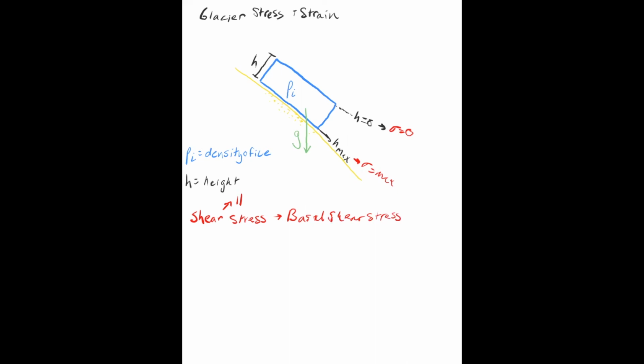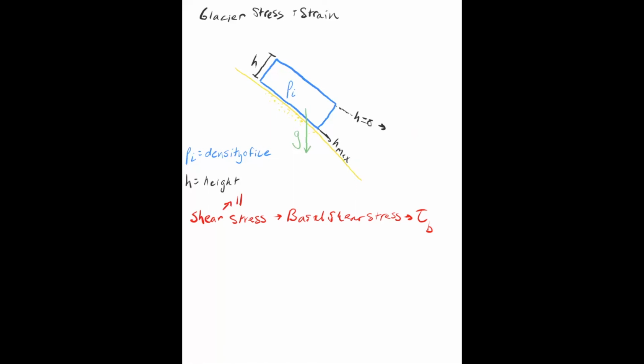And so the symbol that we use for our basal shear stress is this tau basal, which again should not be new to you. I'm sure you've heard lots about this in some of our fluvial material and other stuff that we've worked on already.